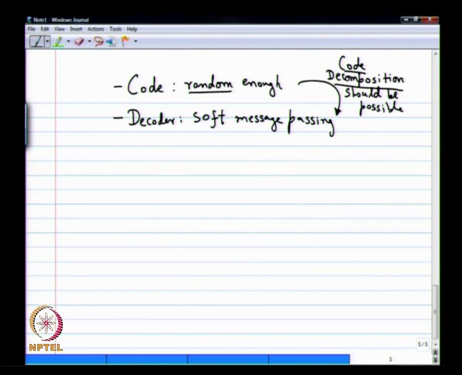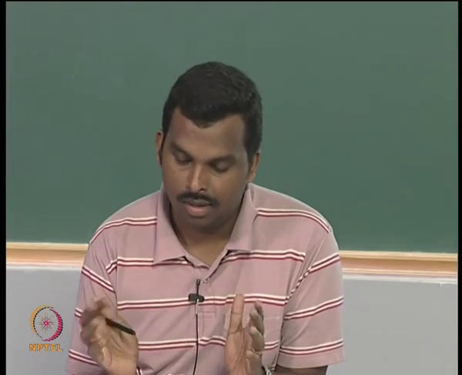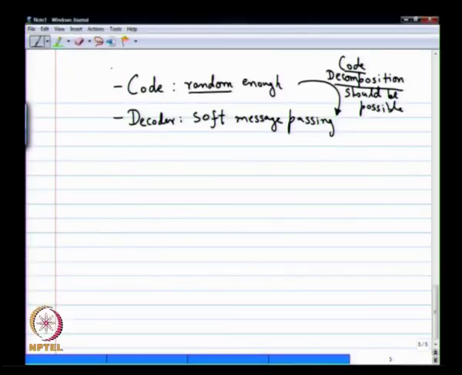And these several small code words might even overlap. Whenever they overlap, you have to make sure that in your message passing you take care of the intrinsic part. You remove the intrinsic part before you pass the extrinsic part. So once you do these things, you are fine. So this is the general idea. What are these ideas useful for? These ideas are useful for approaching capacity.